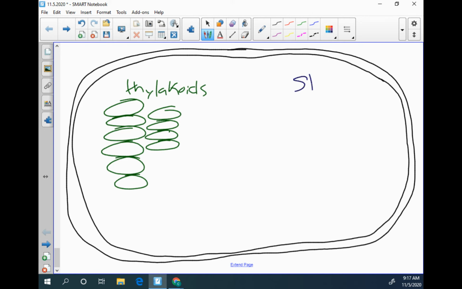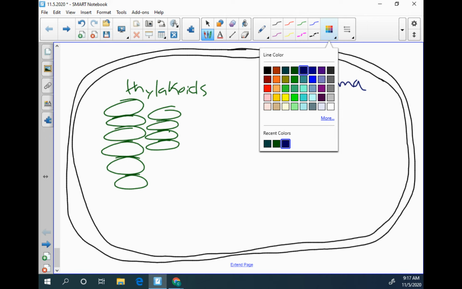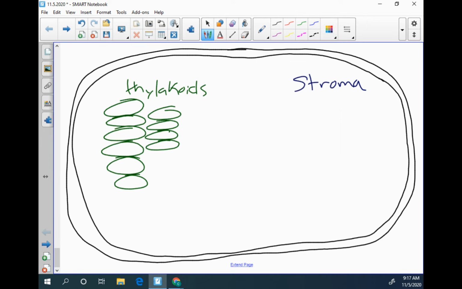And we have our stroma, which, like we said, was just the liquid outsides. The first step is the light reactions. The light reactions, remember, happen on that thylakoid membrane.